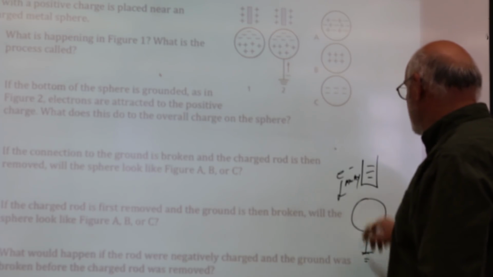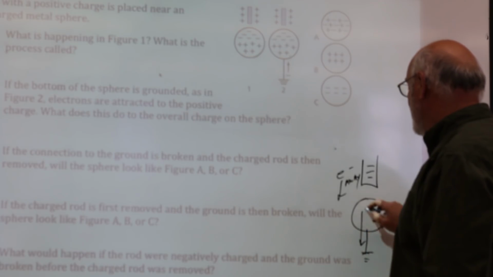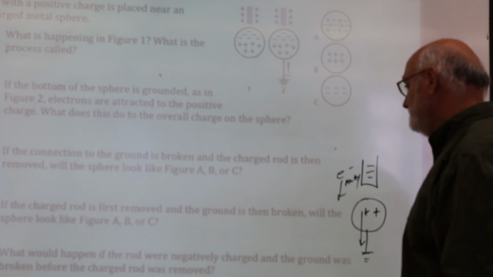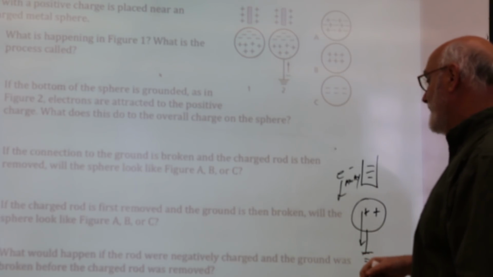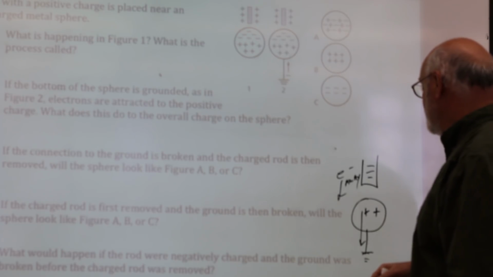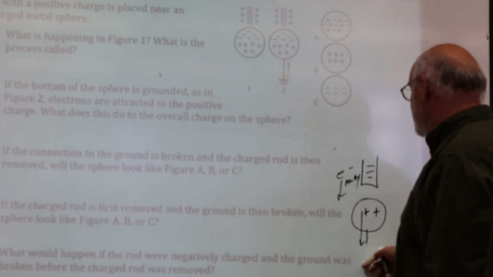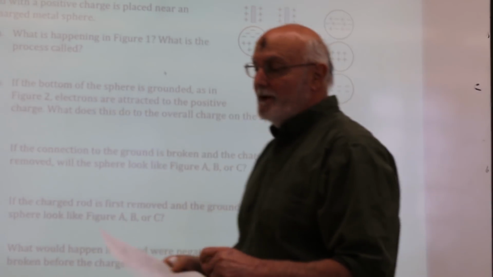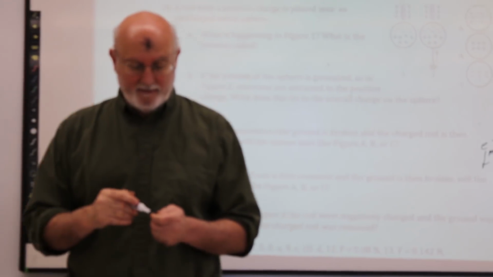So now what's going to happen if the electrons want to go away? They'll go through the ground, and it'll leave it being positive. Okay? So what would happen if the rod was negatively charged and the ground was broken before the charge was removed, and now you break it, so the electrons can't go back in, it's going to be positive. Okay?